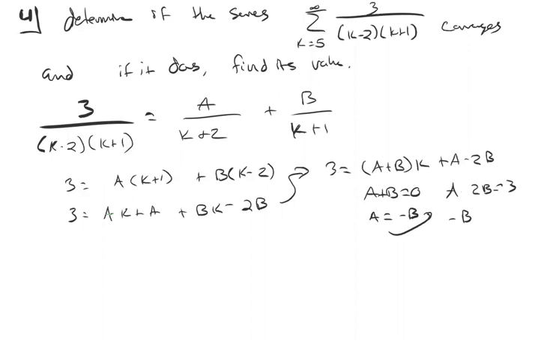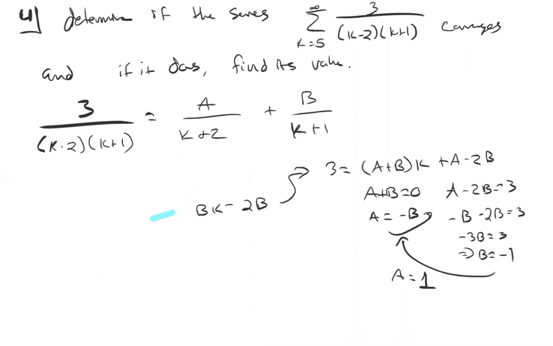Okay, so that's minus B minus 2B is equal to 3, or minus 3B is 3, which tells us that B is minus 1, and plugging that back into this equation, we infer that A is 1, okay?